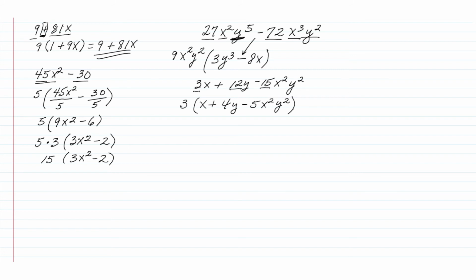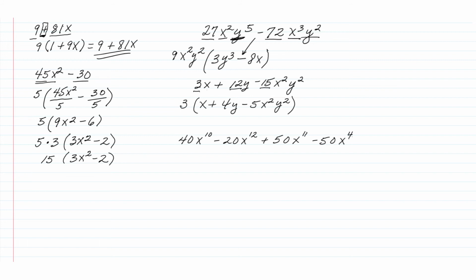Okay. So let's try something considerably more difficult. If we had something like 40x to the 10th minus 20x to the 12th plus 50x to the 11th minus 50x to the 14th.